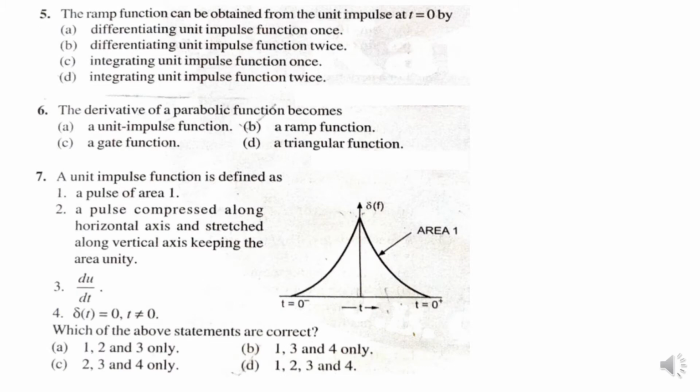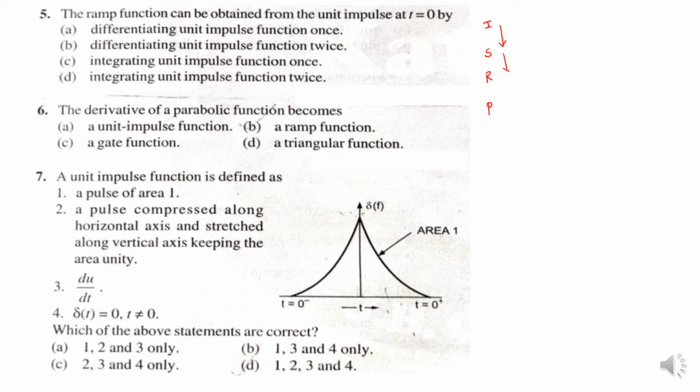So next problem: the ramp function can be obtained from the unit impulse at t equal to 0 by. Actually, four different signal functions are there. First one is impulse, then step, then ramp, and parabolic. If we integrate the impulse, we get the step function.